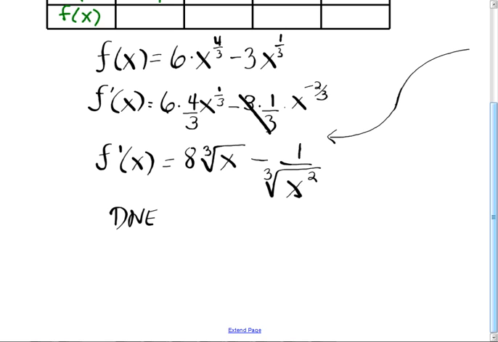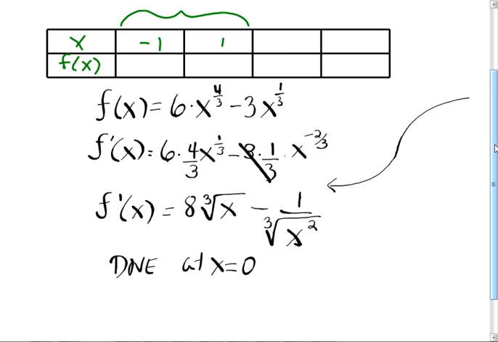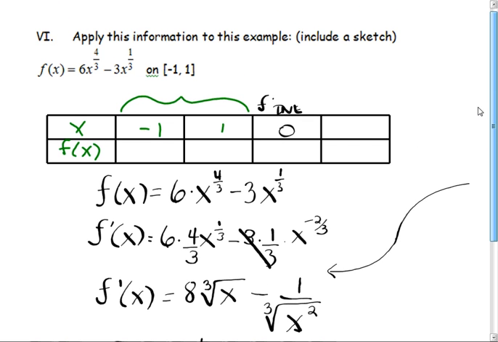So it does not exist at x equals 0. That's a critical point. Those are the easy ones to find. The only problem with derivatives like these is when the denominator is 0. It's a domain problem for the f prime. So I'm going to put that up here. That's 0. f prime at -1 and 1 does not exist, because those were the endpoints.